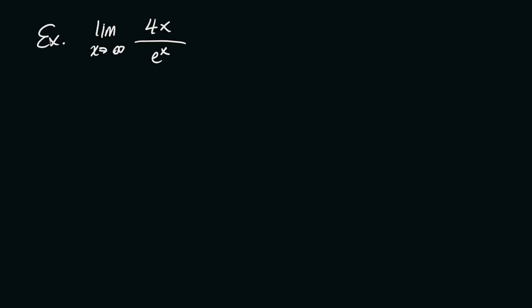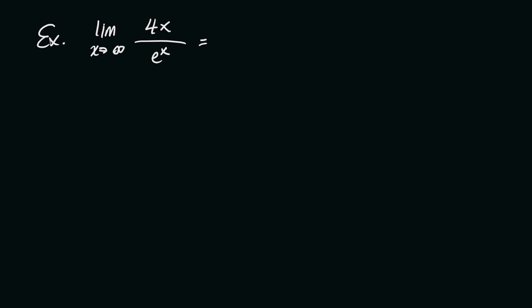Now, how would we solve this limit? Once we start solving it, the function 4x, as it's approaching infinity, is of course going to go to infinity as well. It's the same thing with e to the x.